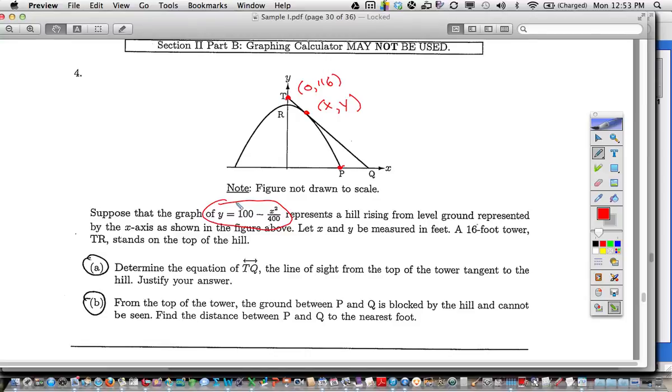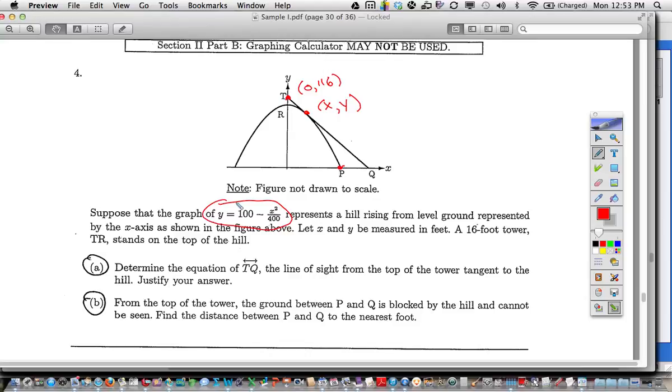Okay, so what you need to know is this point. Well, if you do part A, if you find the equation of this line, can you find this point right here then? What would you do? Let the y be 0, right? So if we can find what x is, we can find the slope. If we can find the slope, we can write the equation of this line.